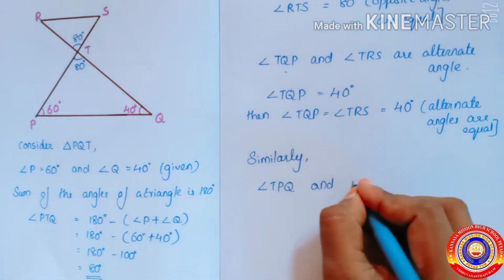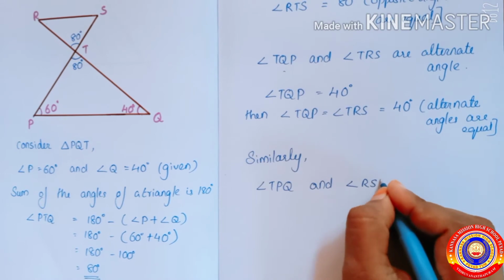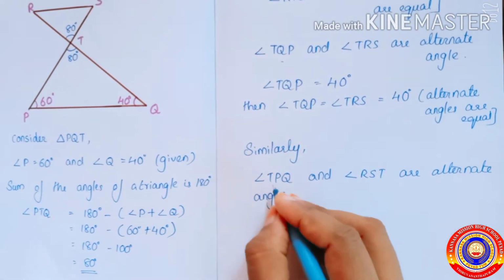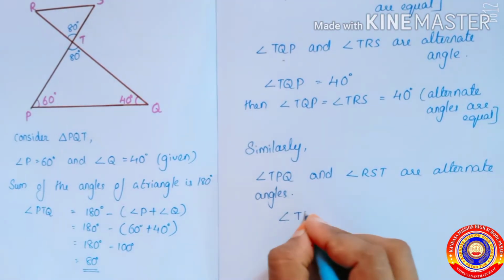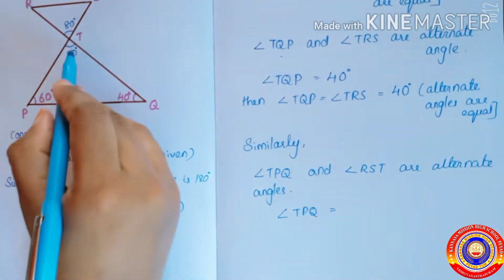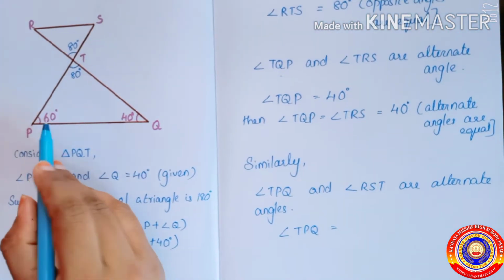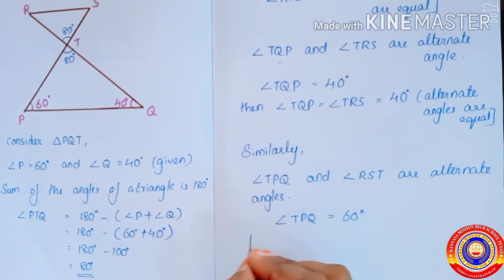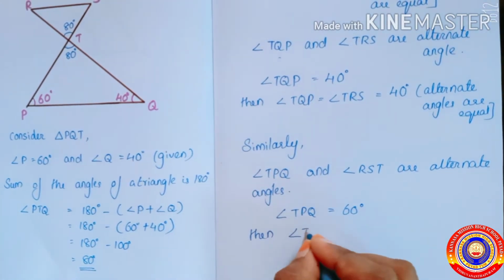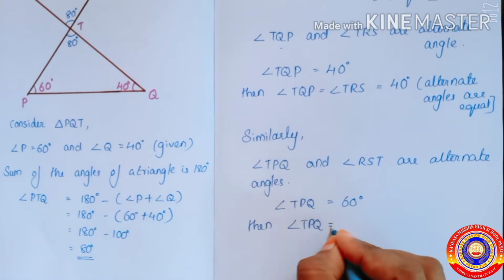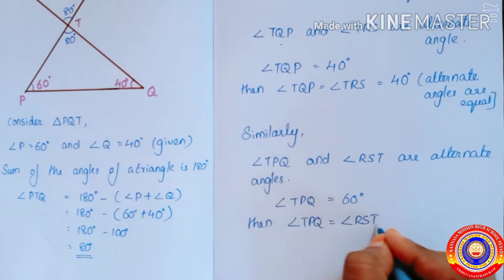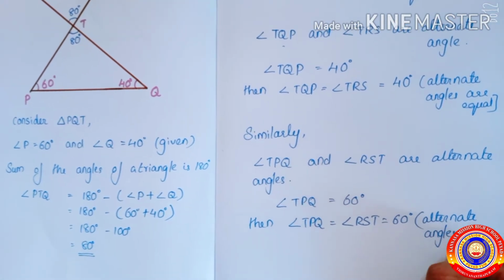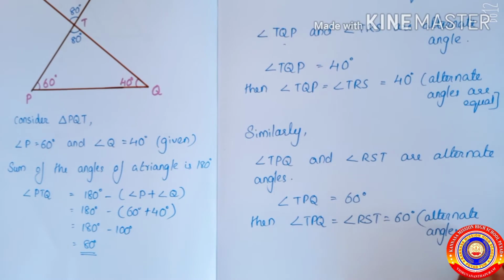Here angle TPQ is equal to 60 degrees, which is given in the question. Then angle TPQ is equal to angle RST, which is equal to 60 degrees because the pairs of alternate angles are equal.